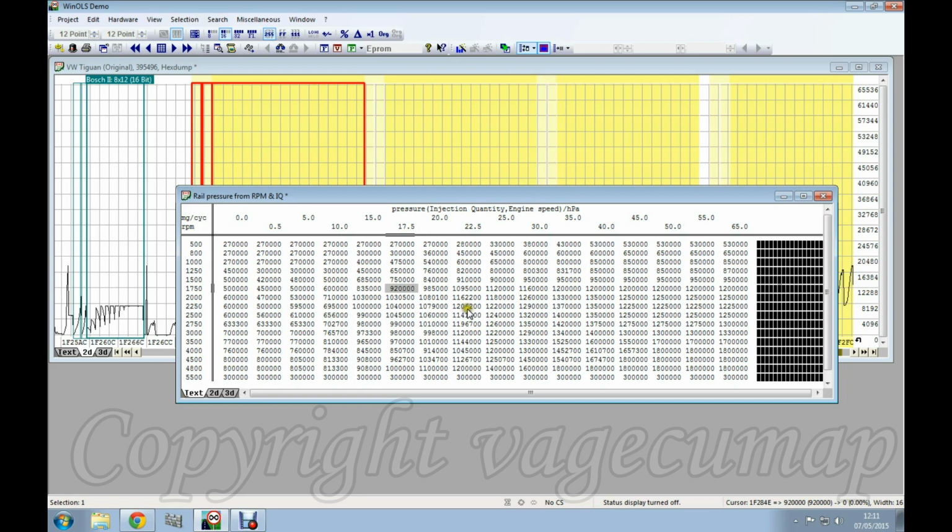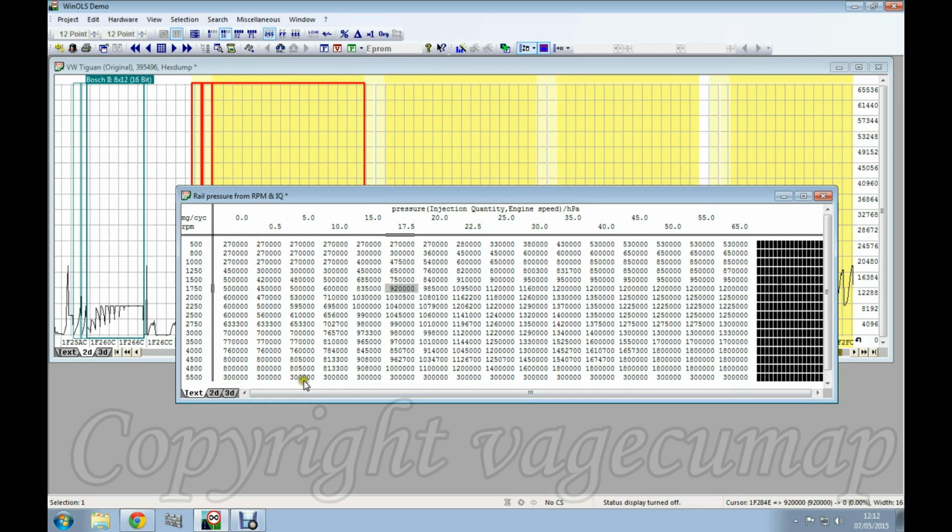And we've got, as you can see, a sort of emergency cutout, because if we look at this value in the last row here, at 5,500 revs per minute, the value that we've got is more or less the same as the minimum here. So we've got a sort of emergency cutout.